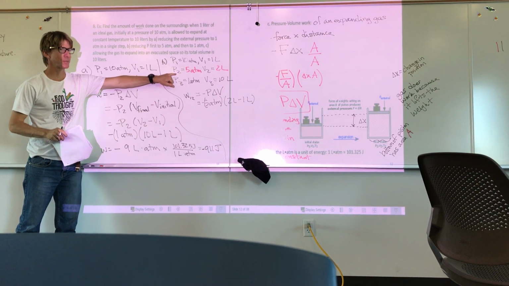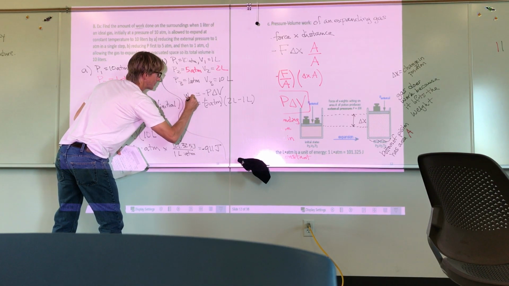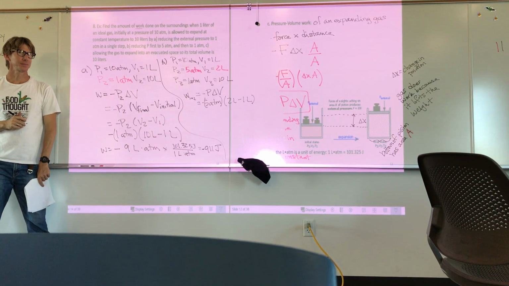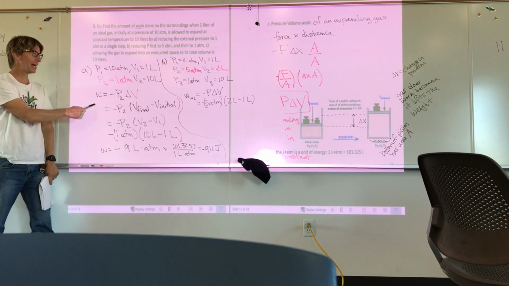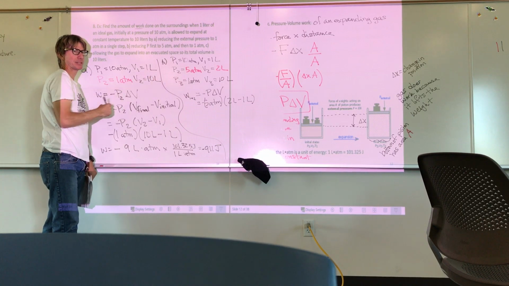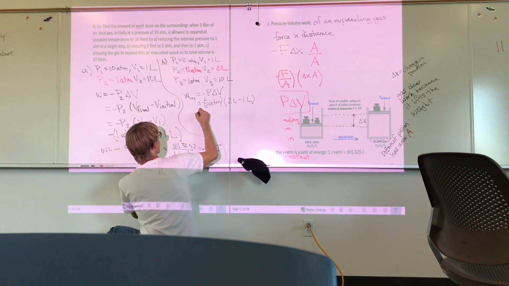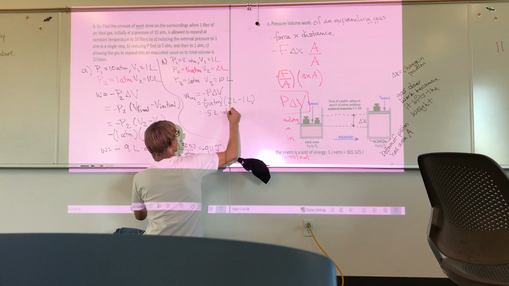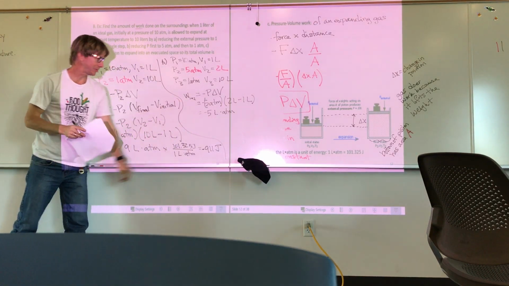That's from 1 to 2. I don't know if this is any clearer. Because what I'm doing is I'm breaking this process in A into 2 smaller steps. And for the first part, I get minus 5 liter atmospheres.